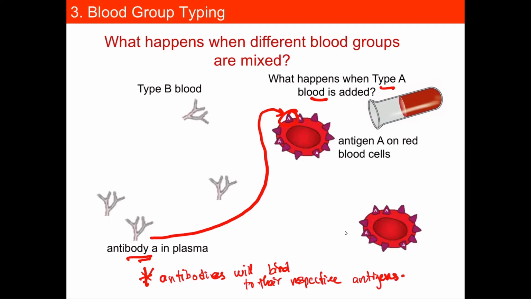Antibody A will bind to antigen A. Like the example you see on top, antibody A binds to antigen A. That's why you see here, with type B blood, antibody A is going to bind to antigen A, which is on the type A blood. There you go. It's going to bind.